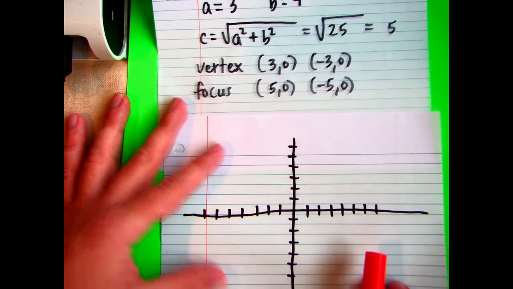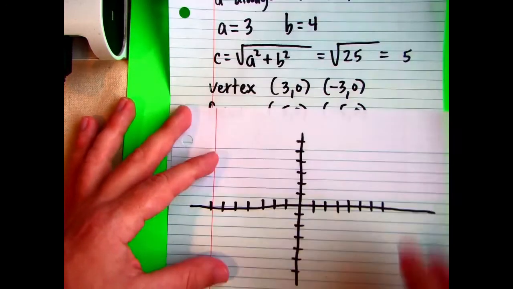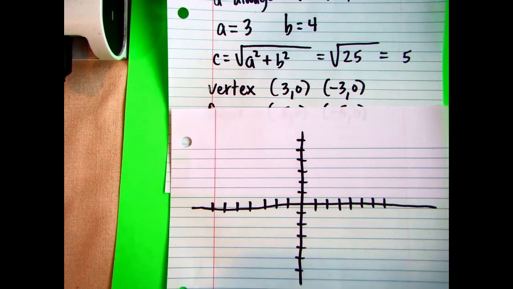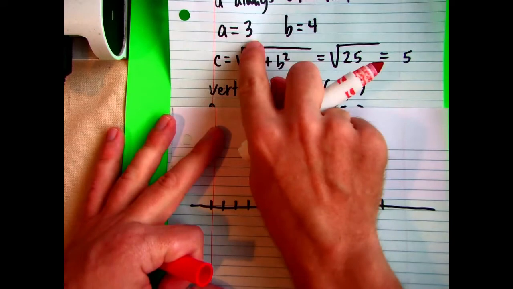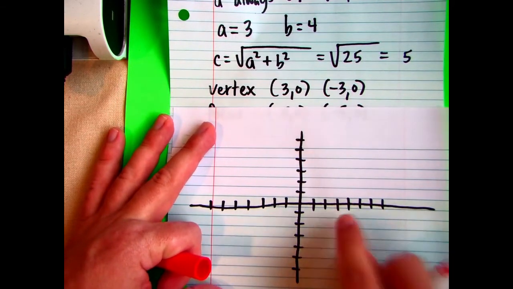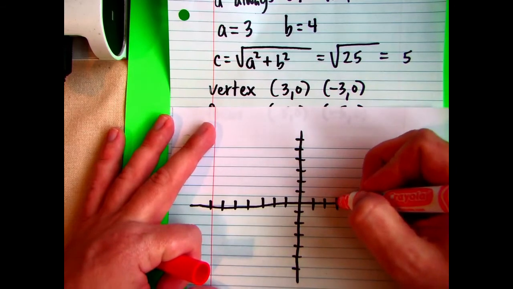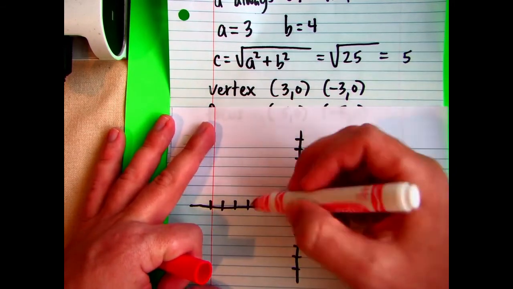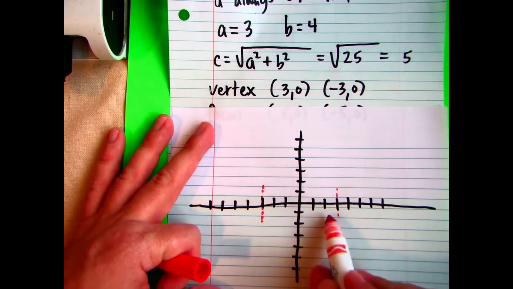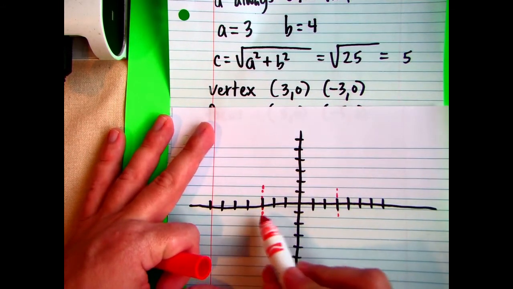So I'm going to start with my rectangle. For my rectangle, the width is 2a. So the width is going to be 6. I'm going to go out 3 left and right. So now I have a width of 6 altogether.